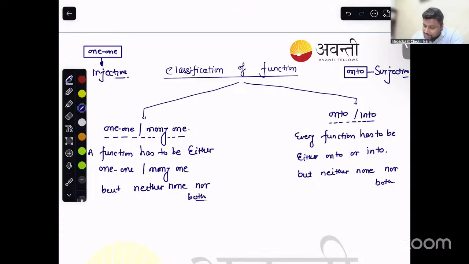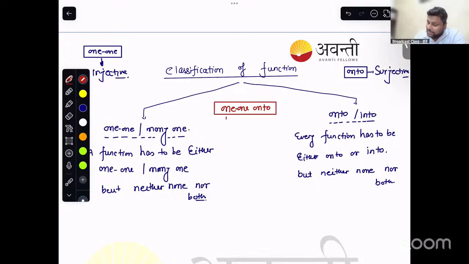And if a function is both one-one and onto, we call it bijective. There is no particular name for into, and no different particular name for many-one. For one-one, it is injective. For onto, it is surjective. And for one-one onto combined, it is bijective.